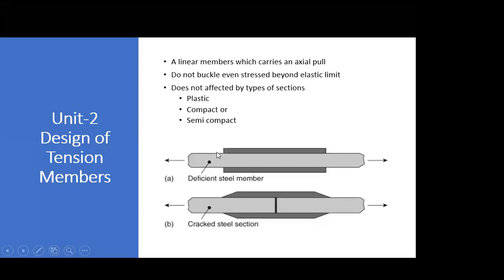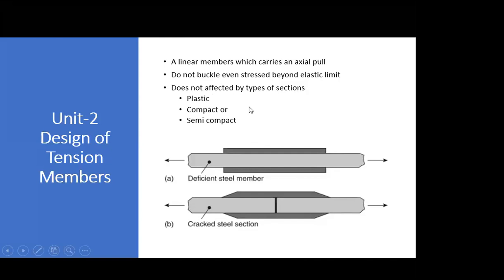Okay, once again I will repeat the points. A linear member which carries an axial pull, and it does not buckle even if stressed beyond the elastic limit, and it is not affected by the types of section: plastic, compact, semi-compact. This plastic, compact, semi-compact classification is applicable for cold form steel structures, not for ordinary hot rolled steel structures.